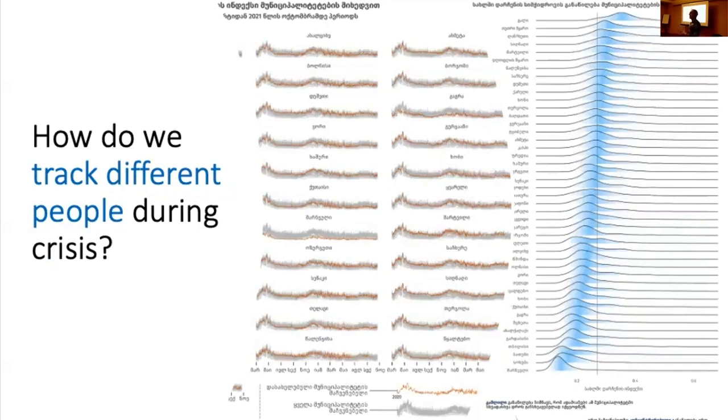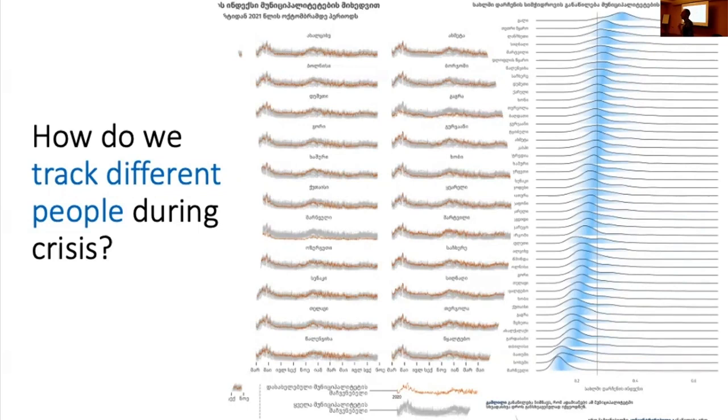So instead of saying that we see that there are differences between the movement of these municipalities, you can ask the question, if you have a crisis, for example, how can you track the people? If you have a regulation whose purpose is to follow and track people, where they go, whether they stay at home or they leave home, how do you do that? You have to do that actually.